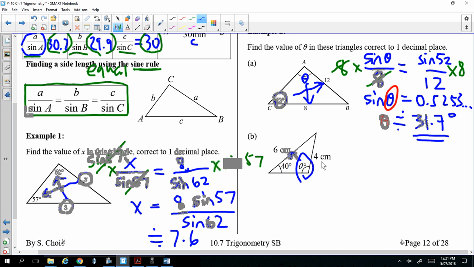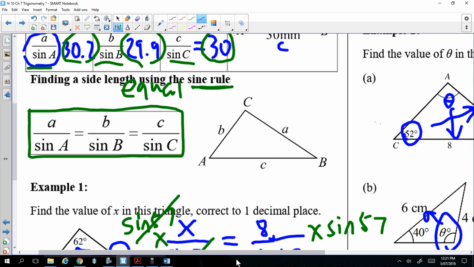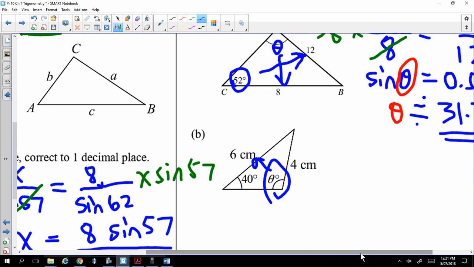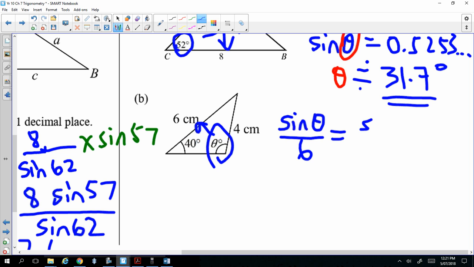Just take a couple of steps. Okay, all right, let's do that. Let's do sine theta over 6 equal to sine 40 over 4. Multiply both sides by 6. That cancels the denominator.